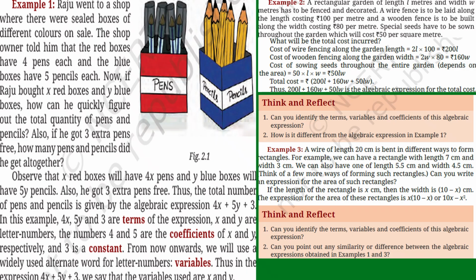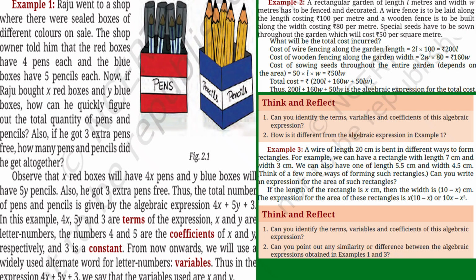So whatever be the value of the length and the width, how do you find the area? Area is what? L into B or L into W. So if the length we consider is x centimeters, what information do we have? We have a wire of length 20 centimeters.